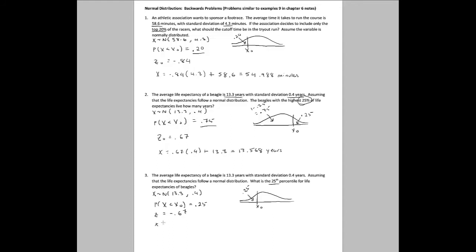So again, we unstandardize, so we get negative 0.67 times our standard deviation plus the mean. And that gives us 13.032 years.